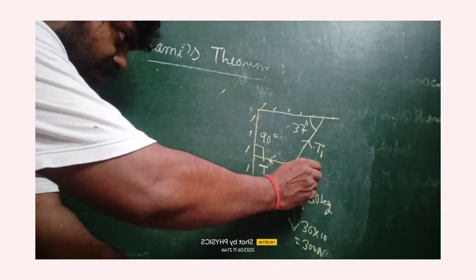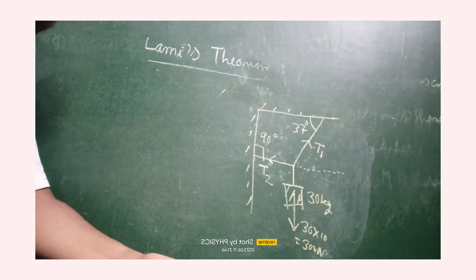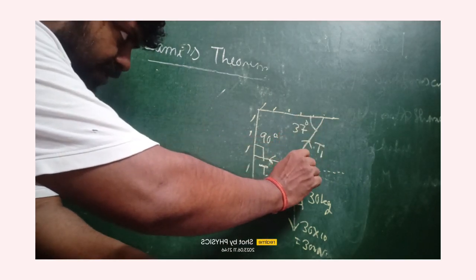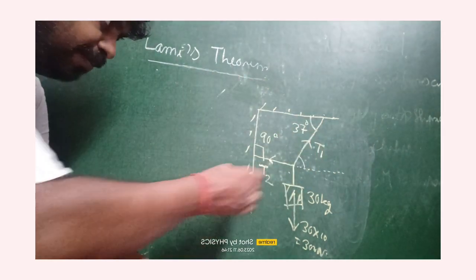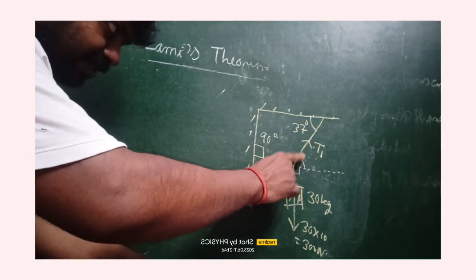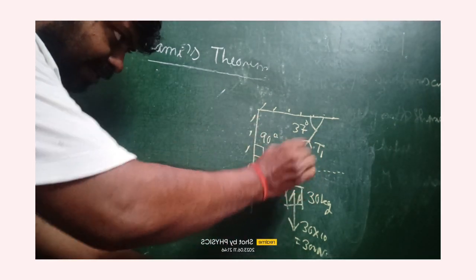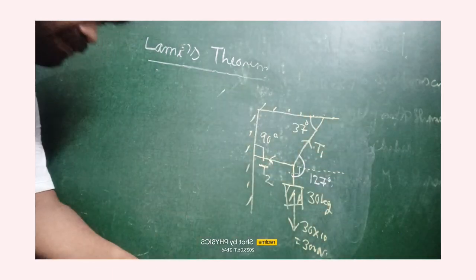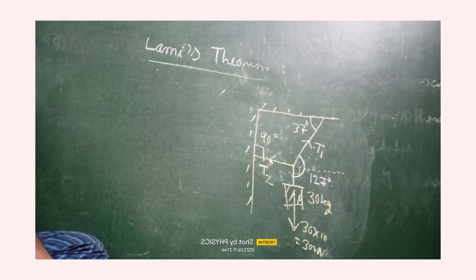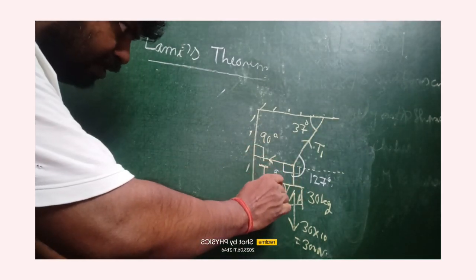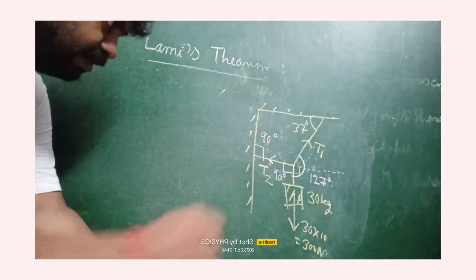Let's extend it. If this is 37 degrees, that should be 37 degrees, right? But this angle is 90 degrees. So 90 plus 37 degrees, the total angle is 127 degrees, right? Now here this is 90 degrees, that should be 90 degrees.